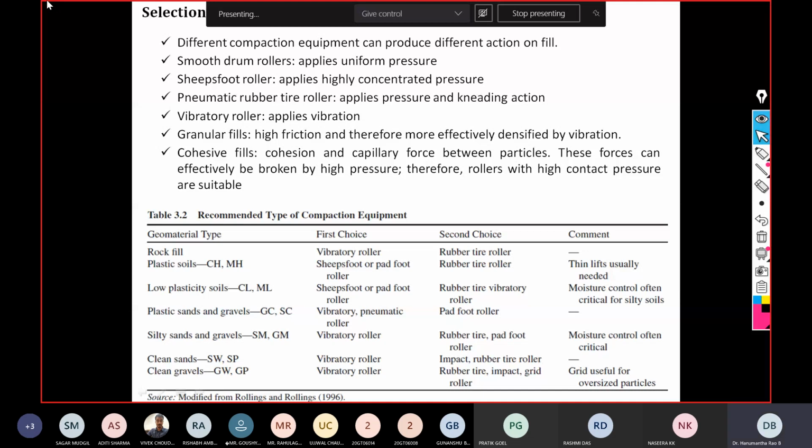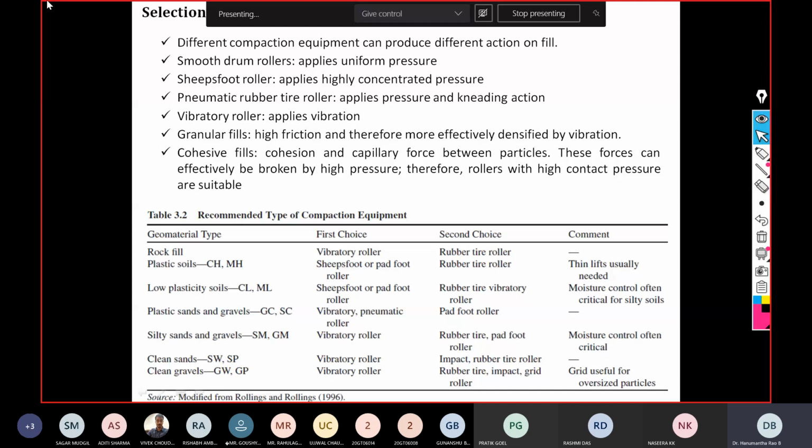So this is also nothing but the 1-point method. But in this, you need to first have a bunch of compaction curves, as shown. In this picture, they are called the Ohio compaction curves, developed by Johnson and Sallberg.